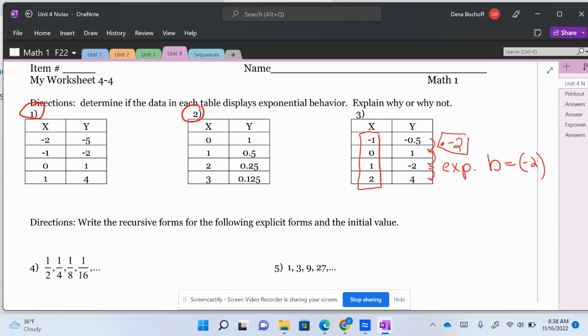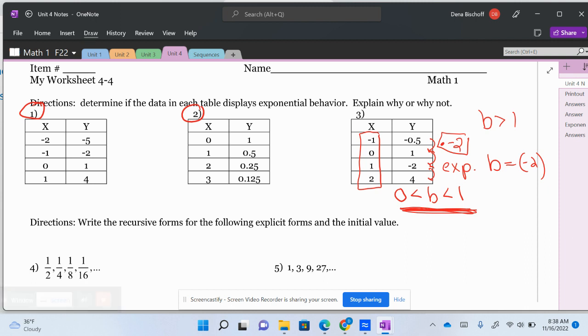So did we say something about B? What did we say about B? Do you guys remember that we said the base has to be what? We said that the base has to be either in here or greater than 1.